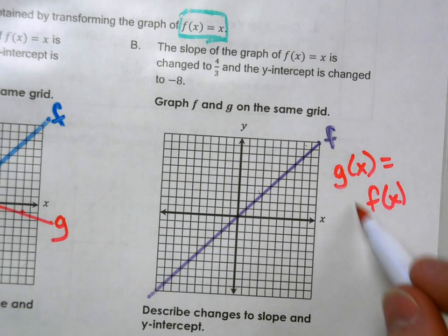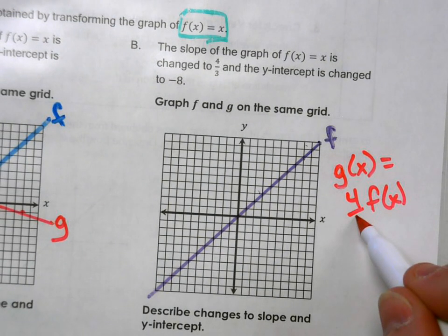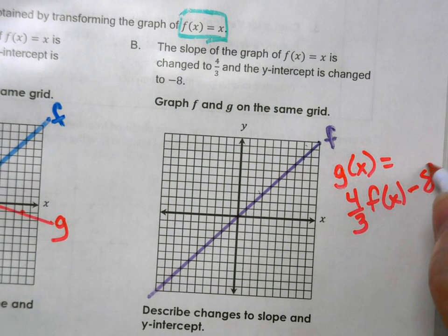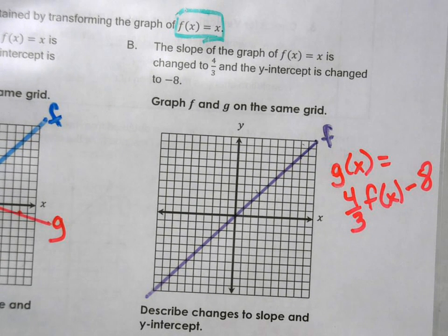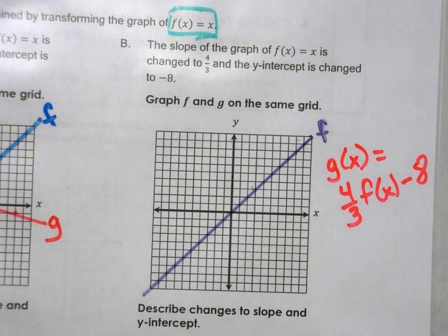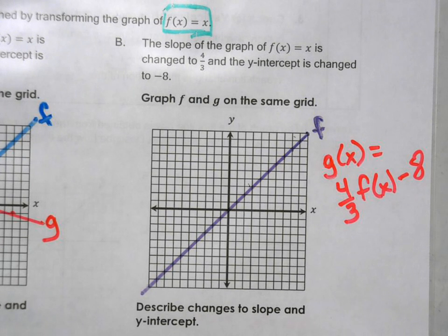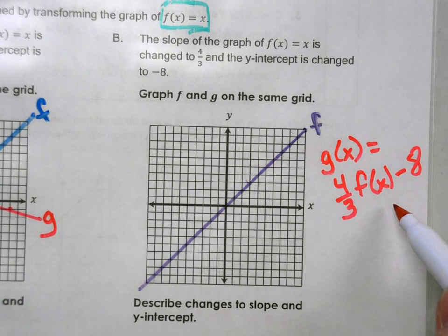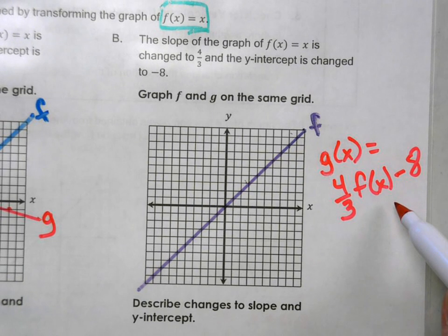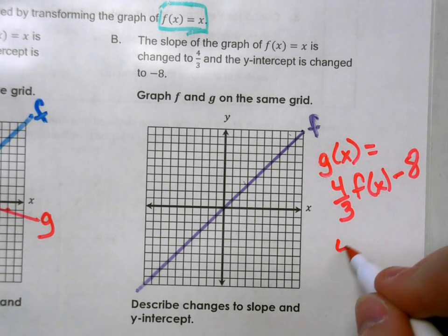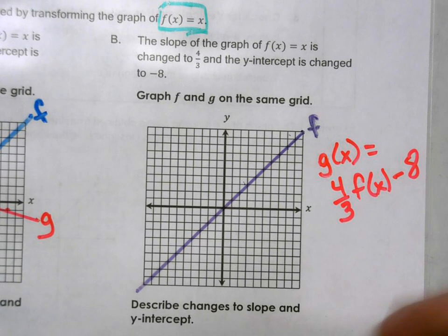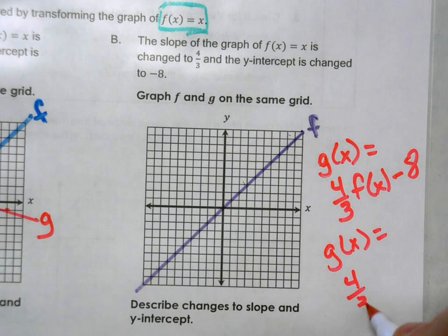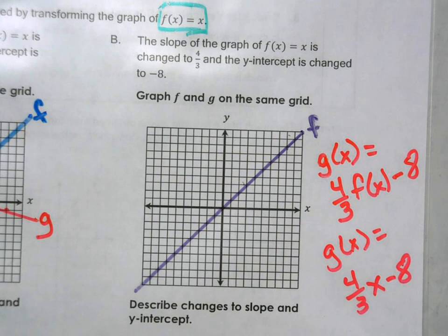I'm going to change the 1, that's the slope out front, to 4/3. And then I'm going to subtract 8 in order to shift it down, right? Can I rewrite this? Did I change anything inside my parentheses here with my horizontal anything? No. So I can rewrite this. g of x equals, and just make it look prettier, right? That's all we're really doing. It's the same thing.